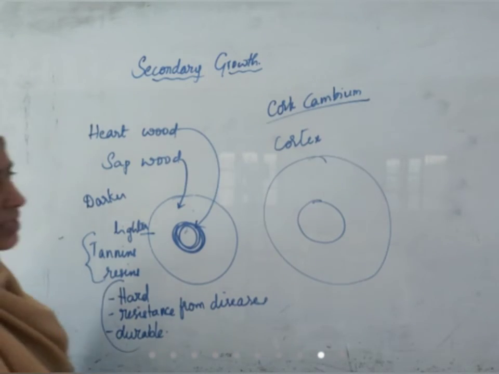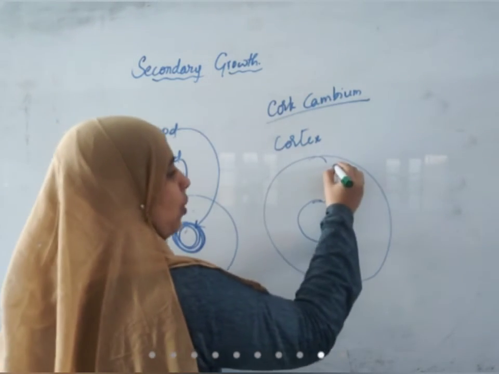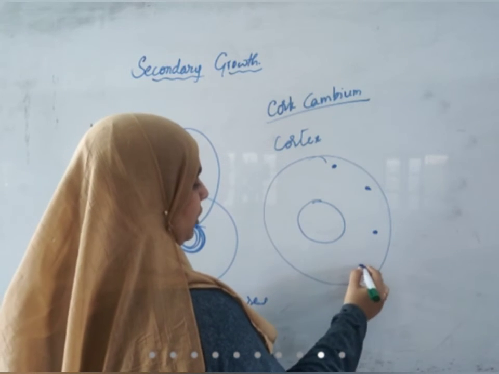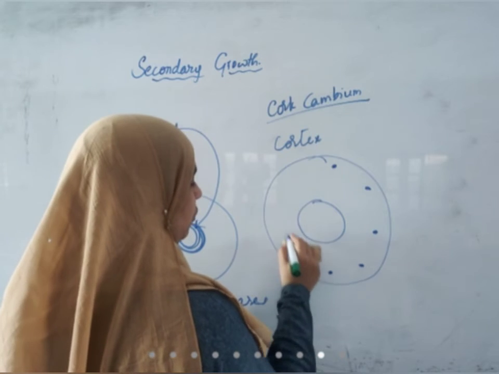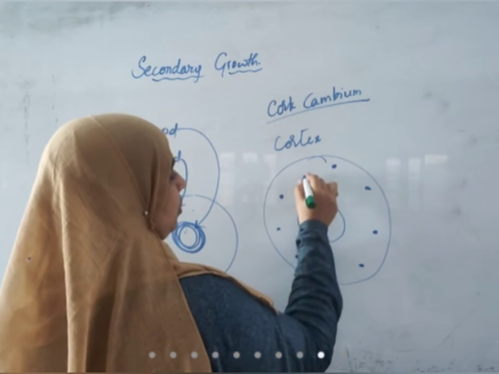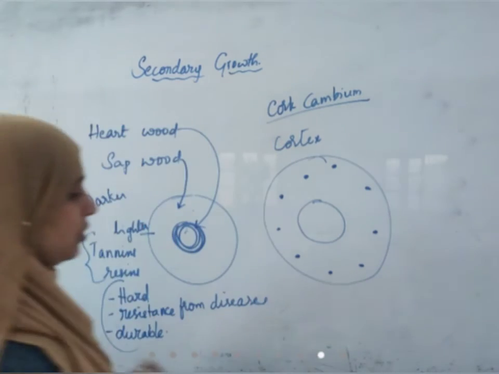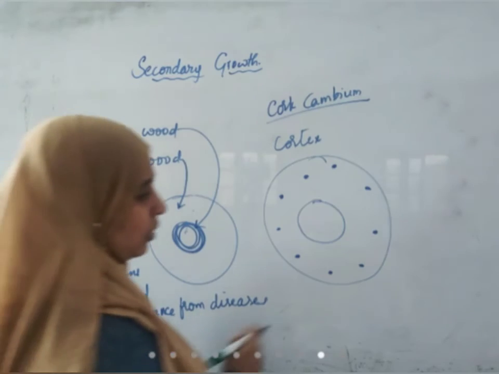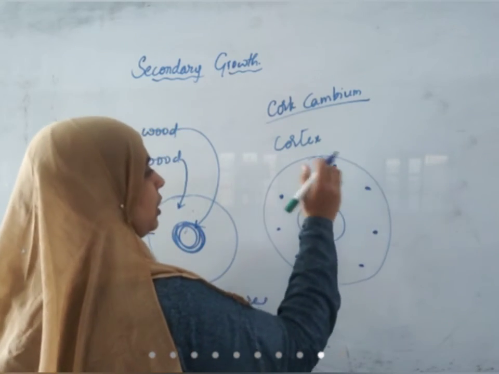In this cortex, sometimes a small amount of cambium tissue will grow here and there to help in the wound healing process, to form newer tissues in between. When parenchyma cells become old and worn out, they are destroyed. At that time, new cells are required, so some cells are formed in the cortex also.